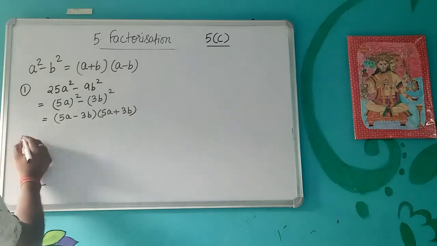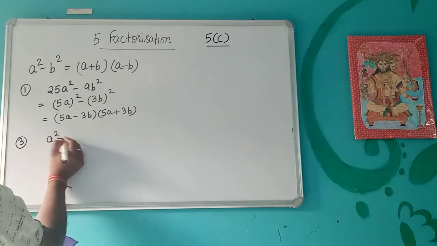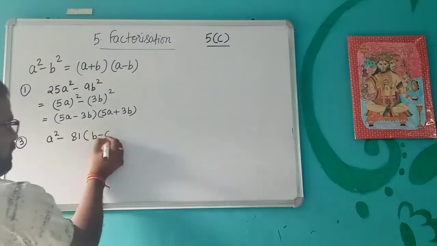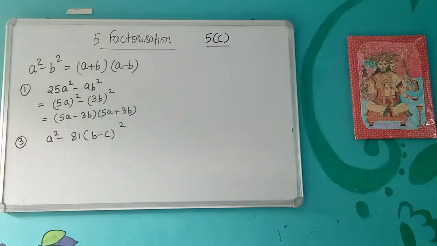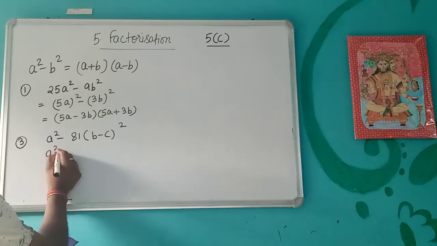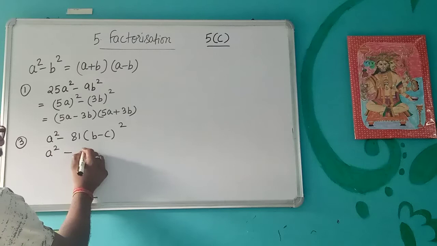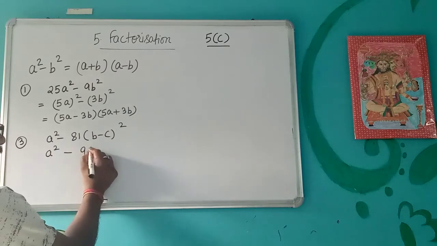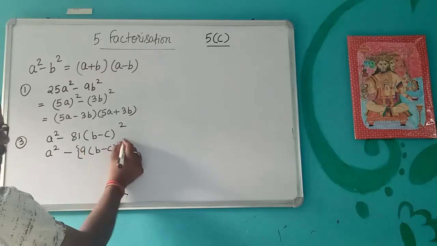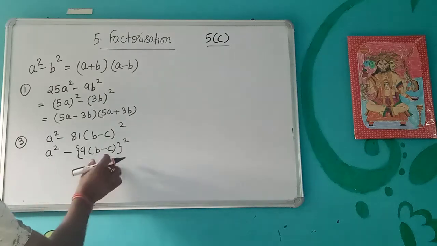Let's see one more question. a square minus 81 into b minus c whole square. Okay, so this it is already written as a square. Now 81 is the square of 9, so we can write it as 9 into b minus c, and this is whole square. Okay, now again this is a square minus b square.